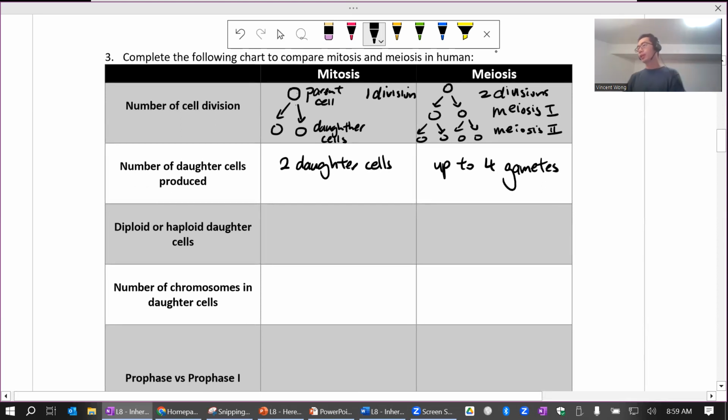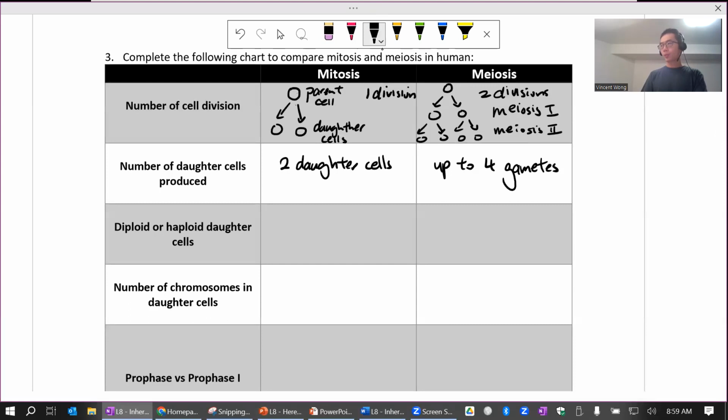Okay, in mitosis, are the daughter cells diploid or haploid? Do they have 2 sets of chromosomes or 1 set of chromosomes for mitosis? One set. Okay, thank you. Anyone else?